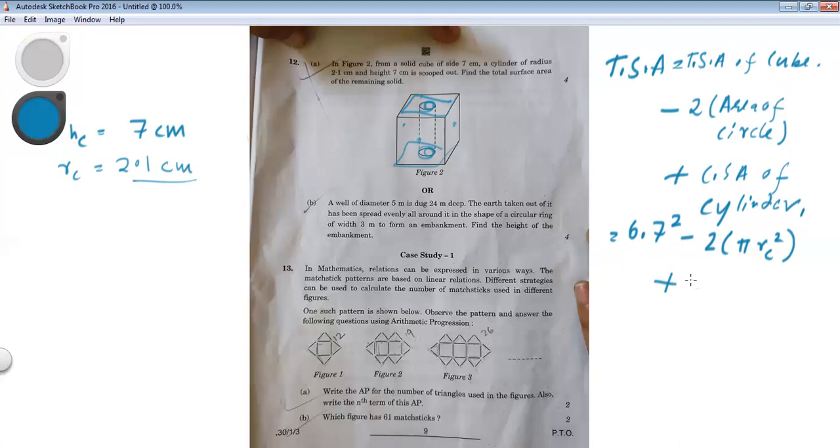And how do you find curved surface area? Curved surface area is 2 pi r h. 2 pi r c into h. All right.